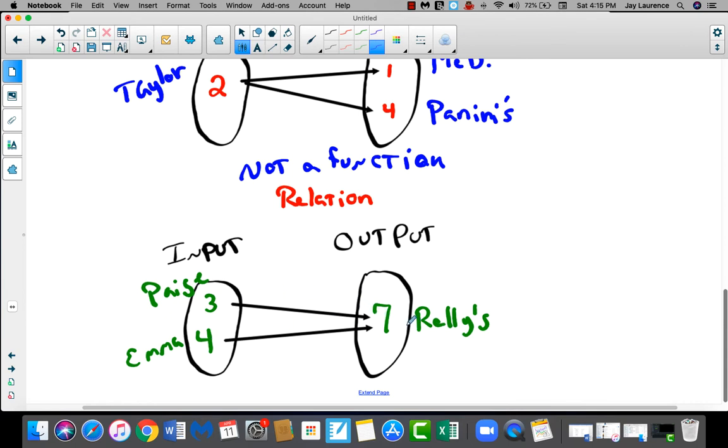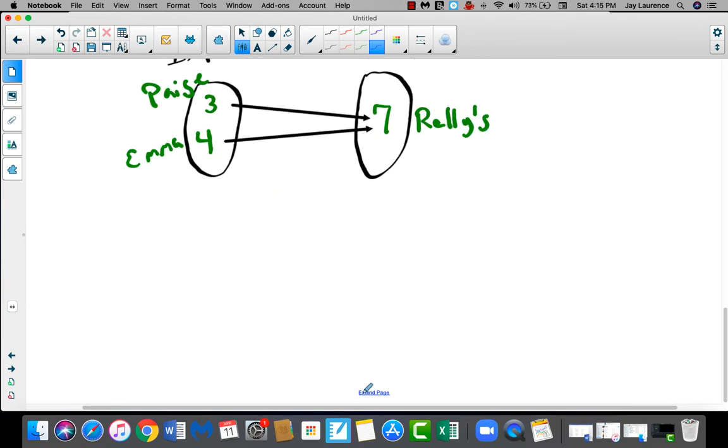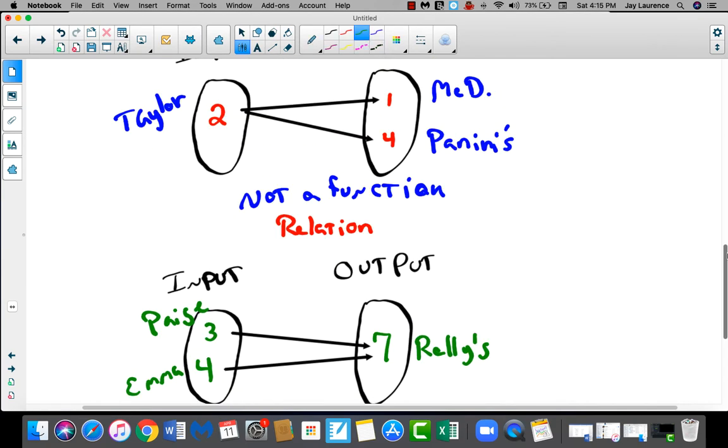They might have gone together, or they could have both ended up there at the same time. So Paige goes to Rallies, Emma sees her at Rallies. Oh, hi, Paige, how you doing? This is a function because no input is going to more than one output. So to be a function, no input can go to more than one output.